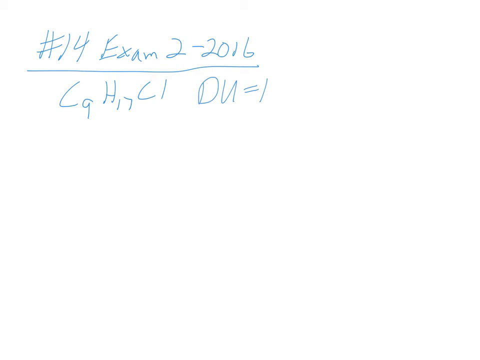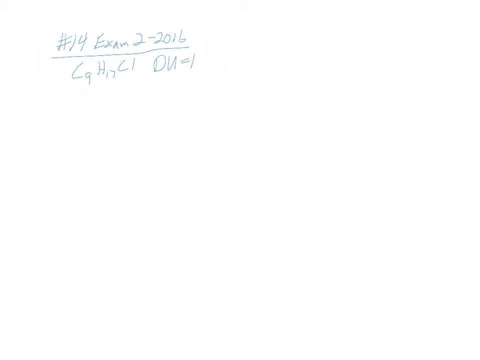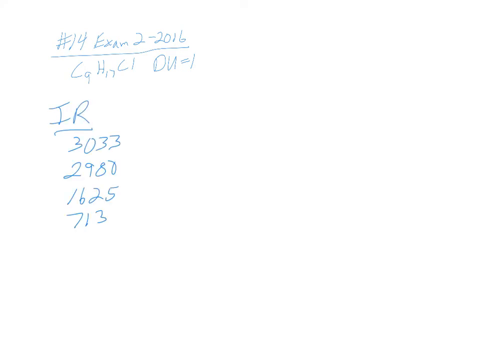So now the next section we want to work on is the IR part. All right, so here's our IR stretches. So 3033, that should tell you what? sp2 CH. 2890 should tell you sp3 CH. 1625 should tell you C=C double bond, an alkene.